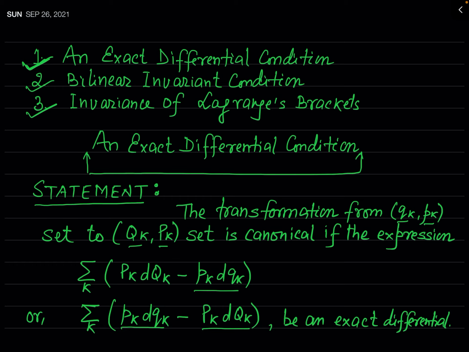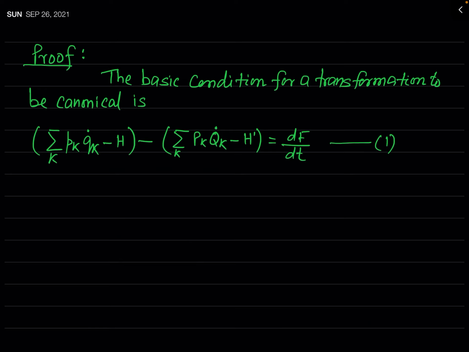But here I would like to prove first of all this statement for the exact differential condition, that is the condition for a transformation to be canonical, and after that we will illustrate this concept by a proper example, and that example will be actually very important for your examination. So as you know, the basic condition for a transformation to be canonical is what? You have just seen, and you have discussed this condition in very detail in the previous lecture.